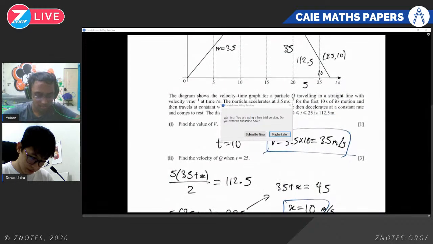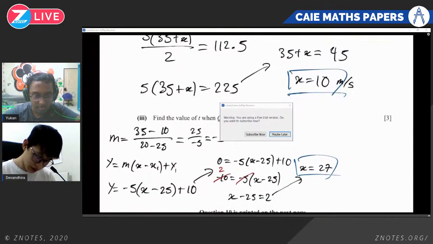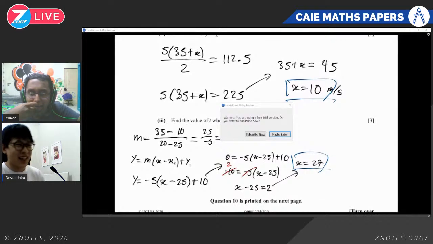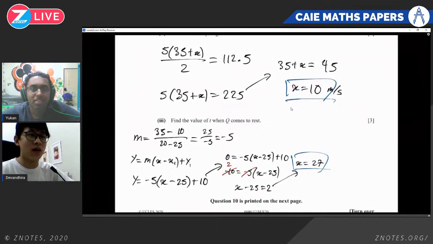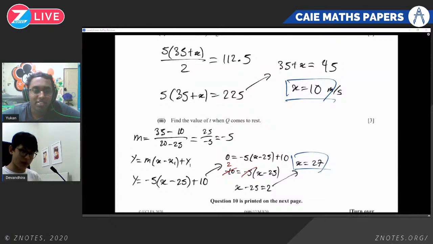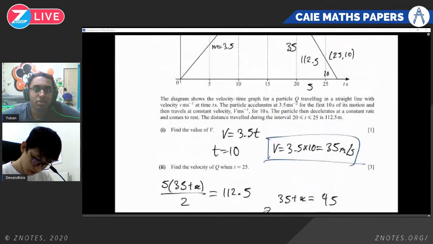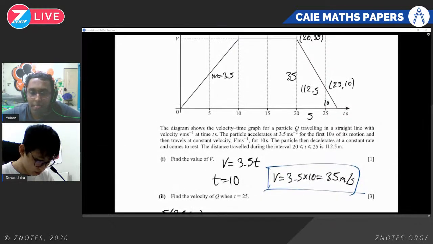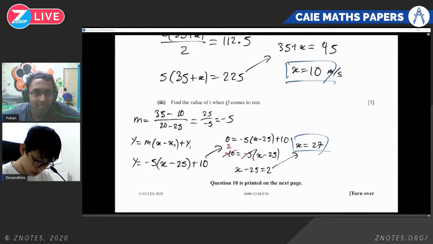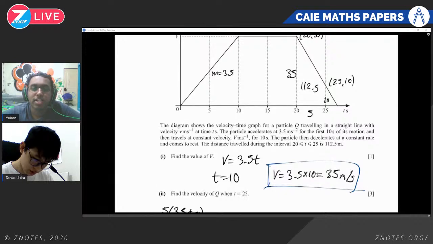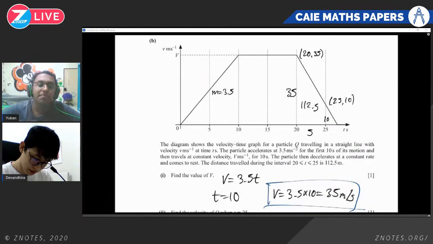Acceleration is change in speed over time, so 35 minus 0 over t is negative 5. You'd get t equals 7. Oh, wait, no, that's a different answer. But because the change in time is 7, you can just add 20 and 7 and get 27 as your final answer.